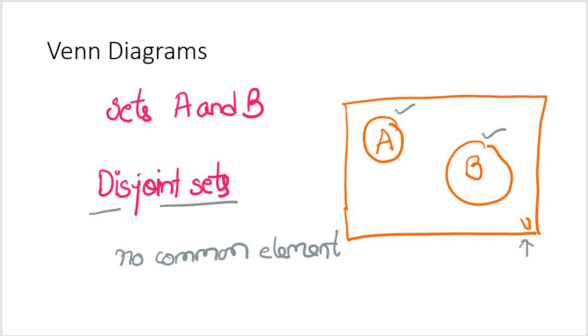In that case, obviously there will be some values inside A and some values inside B, and these values are unique ones. So in that case, I'll be having two circles which are separated in this universe of discourse.